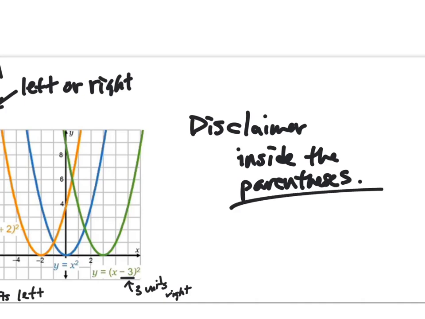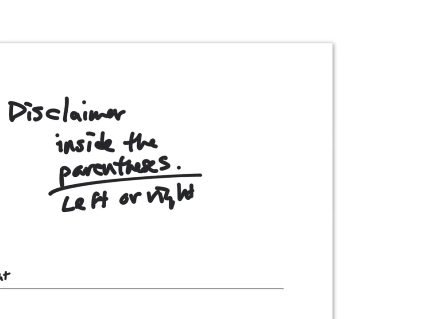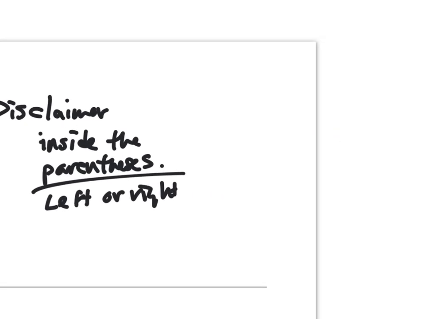That's how you can tell whether you're going to shift left or right. If we move up and down, it's outside the parentheses.